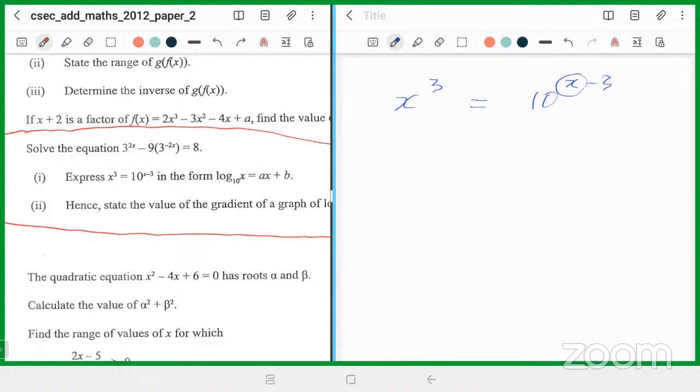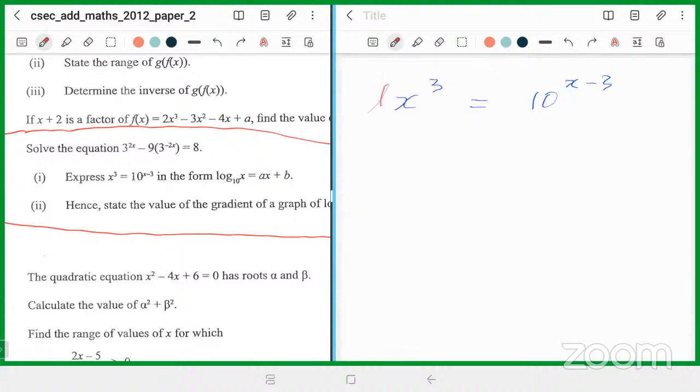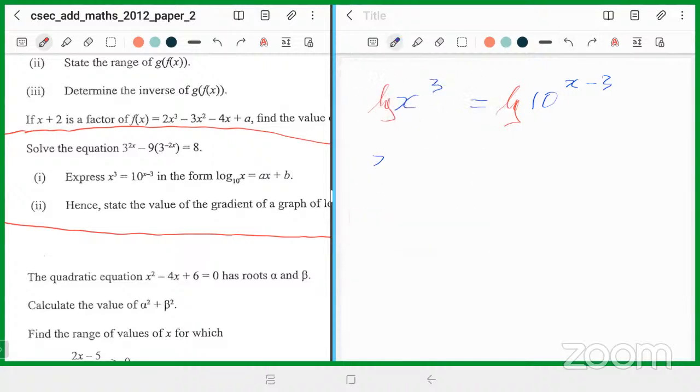We want to get this sum out of the power, so we have to take the logs of both sides. We take the log of this side and the log of this side. Remember, the x minus 3 comes out as a whole. And then this 3 comes to the front as well. So it's going to become 3 log x equals x minus 3 as a whole, times the log of 10.